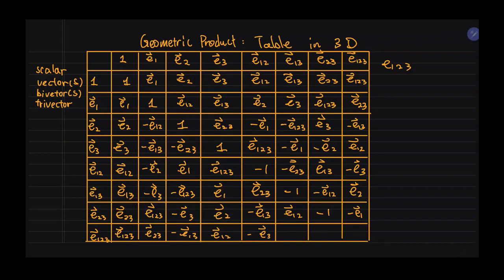And now it's E1 2 3 E1 3. And then we swap E2 1 3 E3. Instead of swapping them, we already know what happened to E3. E3 is minus 1 from the table. E13 is minus 1, so it would just be E2.